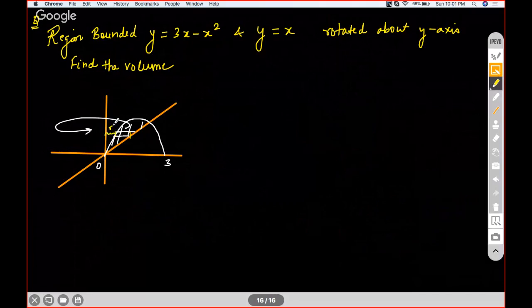It will be a washer created in this way. So at a distance of y, again take the thickness of the washer to be dy. So what will be R1 now? R1 will be the x at this point, and R2 will be the x at this point.